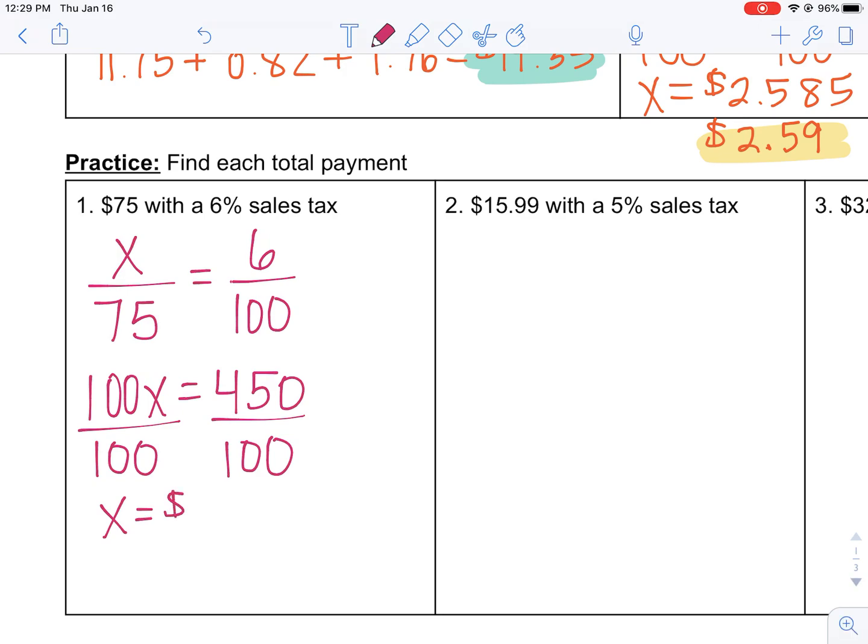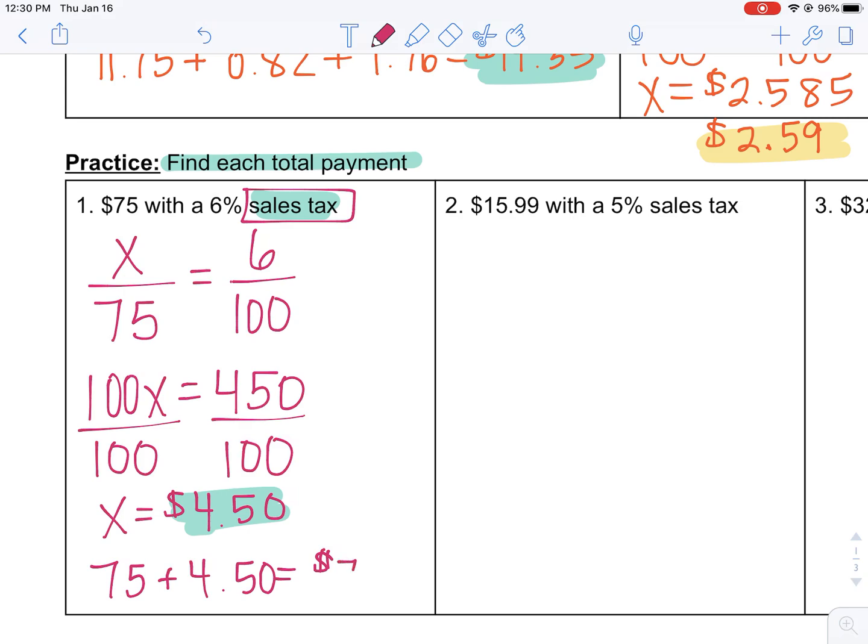X is equal to $4.50. So in this case, it just asks for sales tax. Because all I need to know is the sales tax, I have that. And then in my directions, find each total payment. So that means I need to take my amount of money plus my sales tax and get my total payment of $79.50.